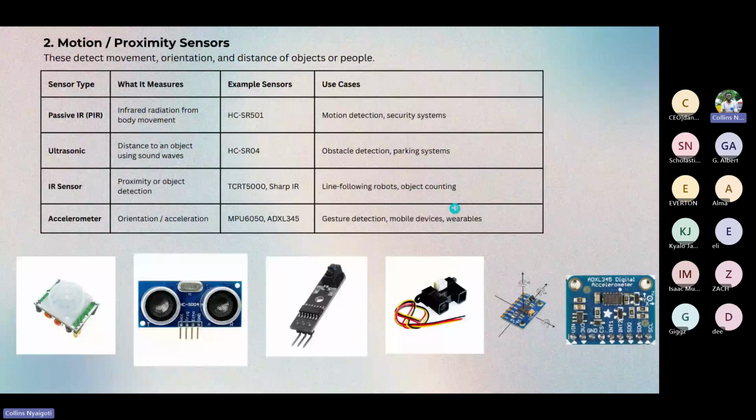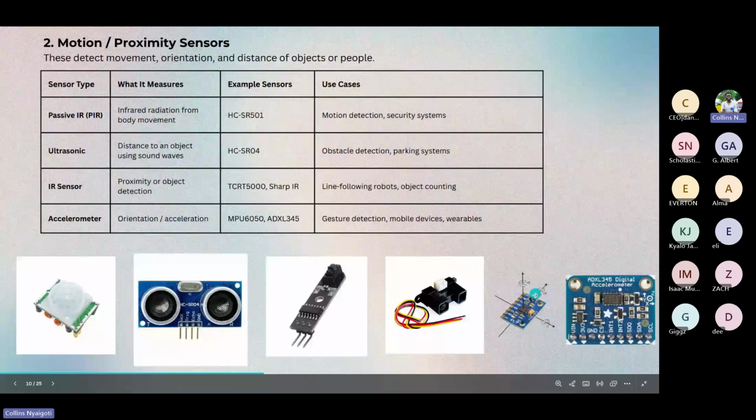Another one is accelerometers. These are used to measure orientation and acceleration. An example of that is the MPU6050, this one here. Basically, they measure the orientation, if things are upright, the angle, the tilt, and if it's moving.